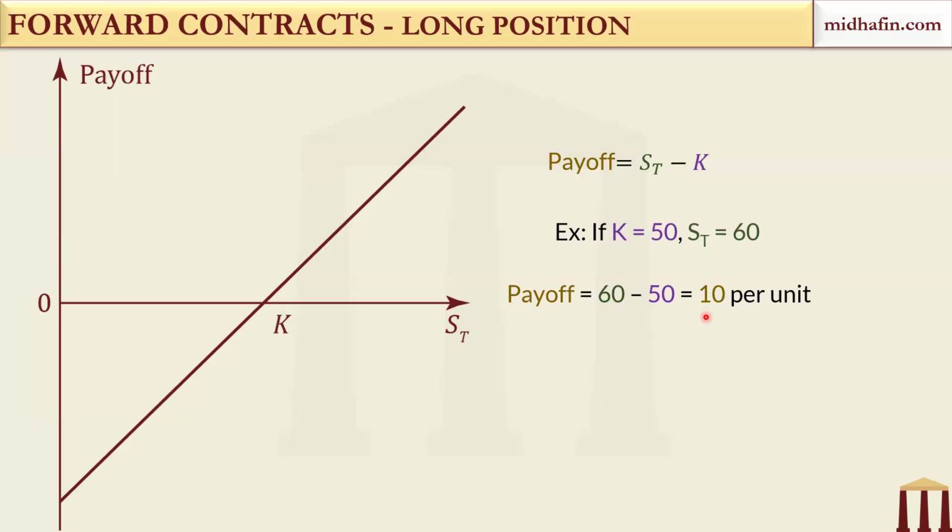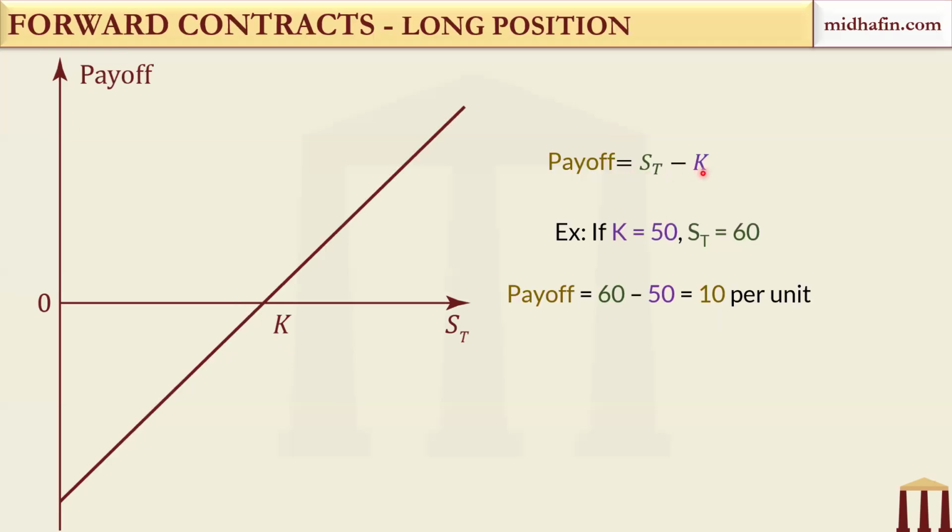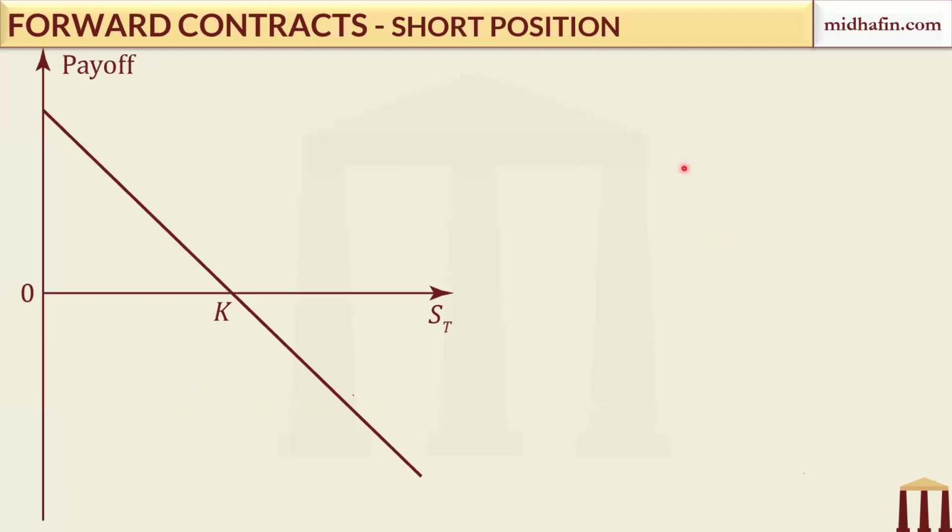Now, ideas like break-even point we can discuss, and again, I'll replicate this image later so that the idea becomes even more clear. As of now, we can see the short position first. For the short position, if for the long position the payoff was ST minus K, what will be the payoff for the short position?